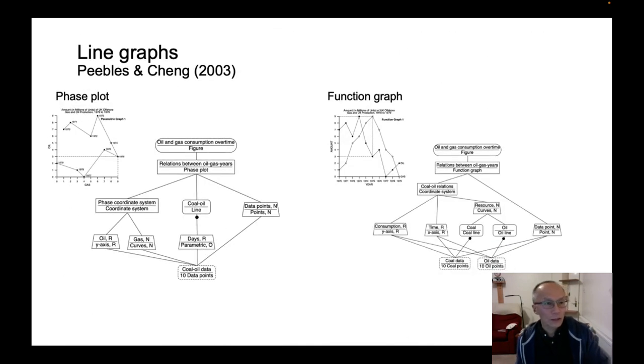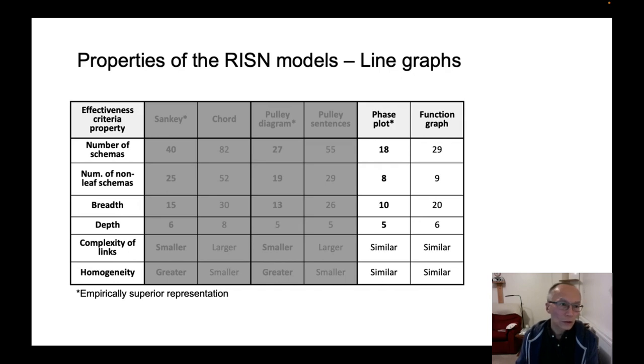The story is similar for alternative line graphs as studied by Peebles and Cheng in 2003. Again, according to the scores on the criteria, the empirically superior representation, the phase plot, is predicted to be better than the function graph.